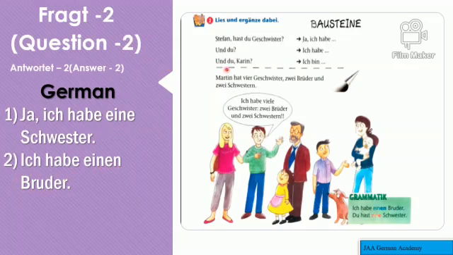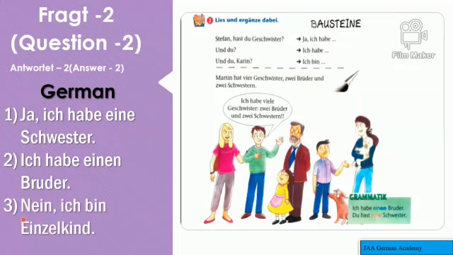So the third question is, und du, Karen? And the answer for the third question will be, nein, ich bin Einzelkind. Martin hat vier Geschwister, 2 Brüder und 2 Schwestern. And then Martin said, ich habe viele Geschwister, 2 Brüder und 2 Schwestern.